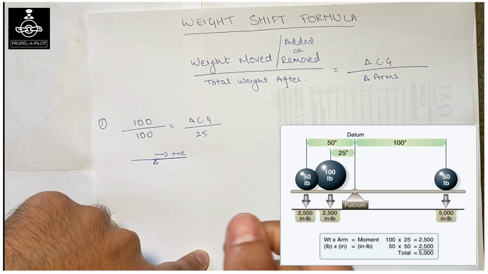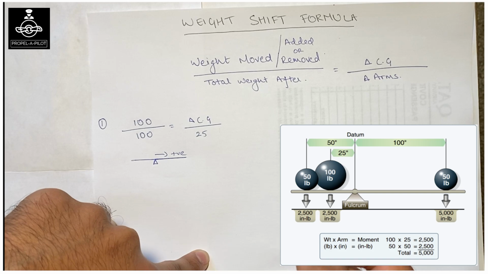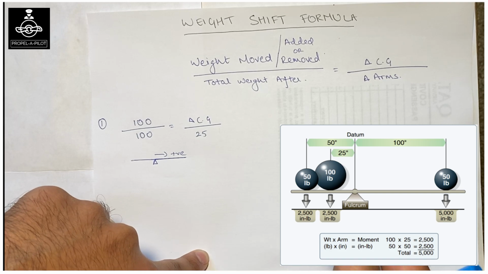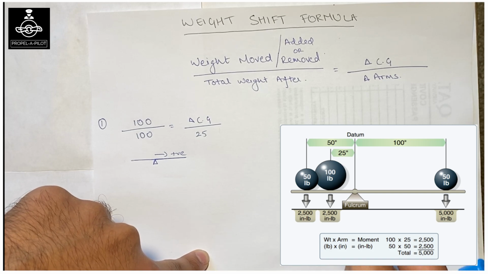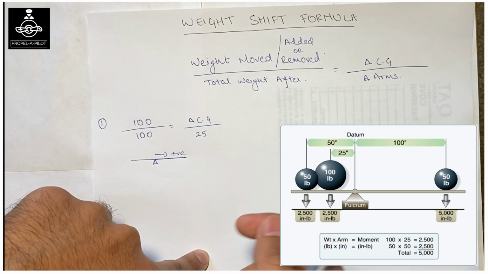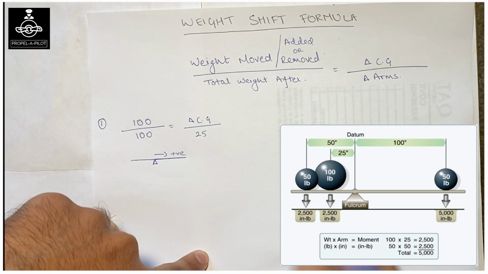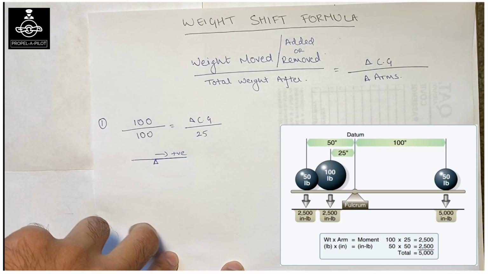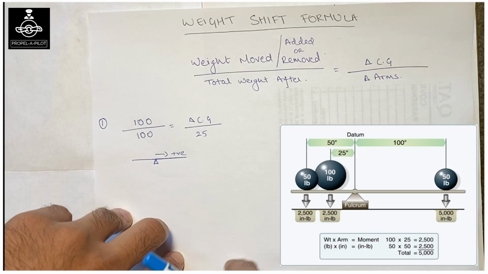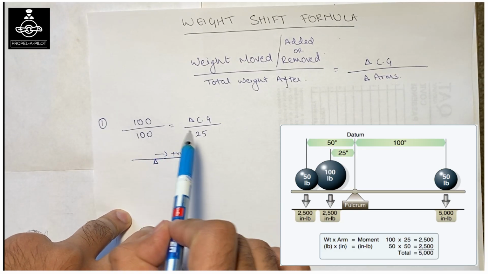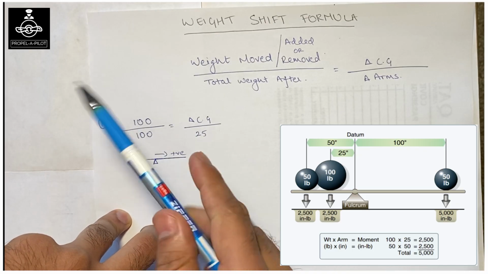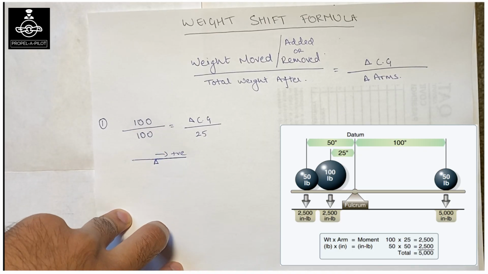In our case, the weight is removed, the CG is at 0. The weight is at 25 inches behind the datum or on the negative side. So the difference is 25 inches. I usually do not complicate this calculation by adding positive negative signs over here, but some people like doing that.